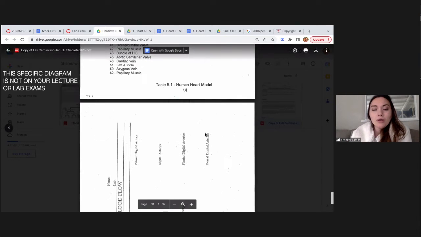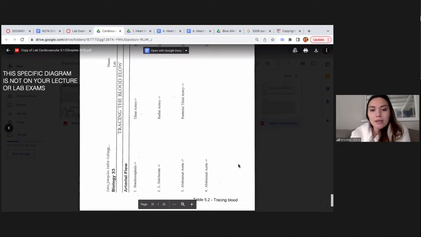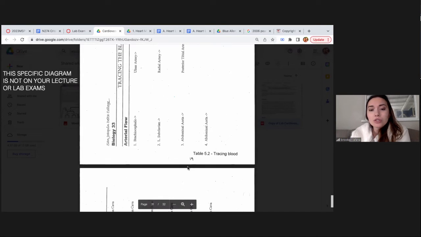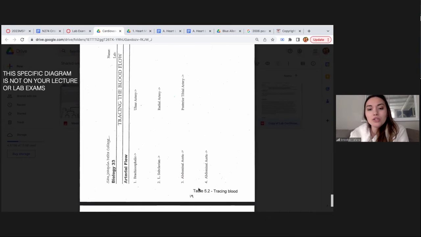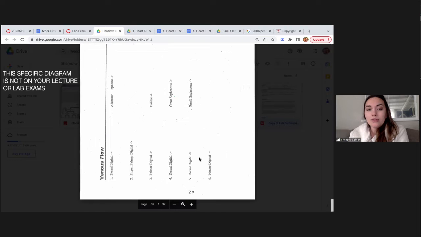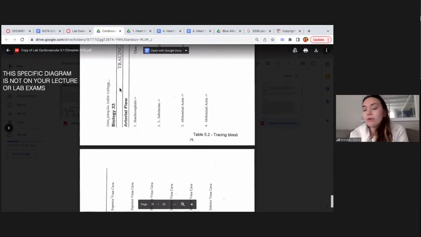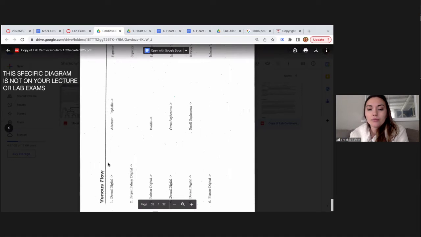Okay, so I know it feels like I've been talking for a while about the cardiovascular packet, but we're almost done. So just pay close attention to this part, okay? The last two pages, page 19 and page 20, say arterial flow, tracing the blood flow, and then venous flow.